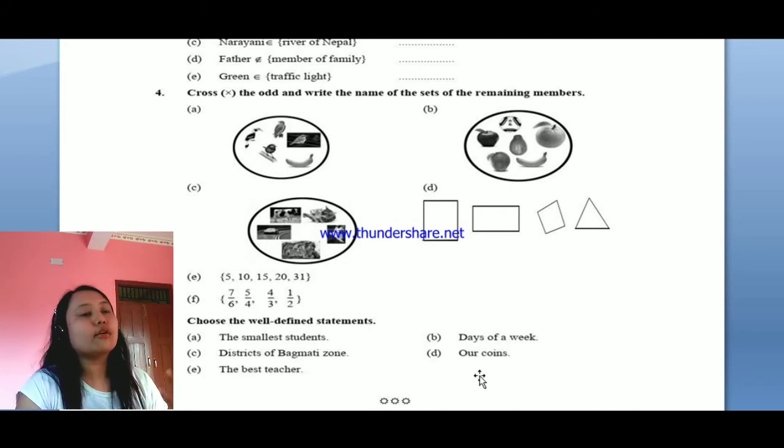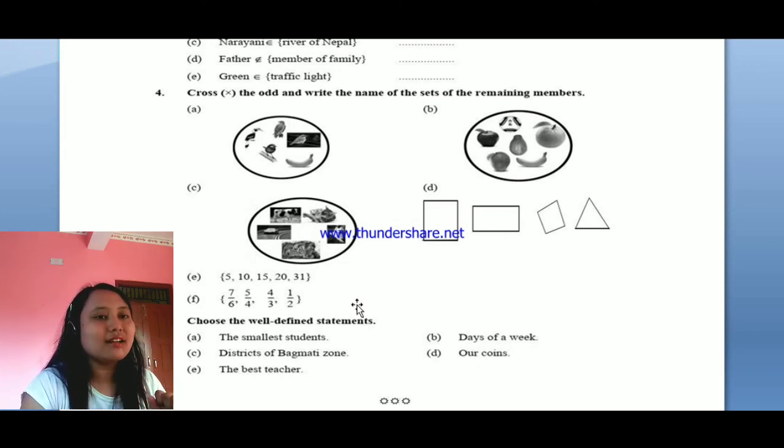And now there is "our coins". What sort of coins does that mean? Either a coin of rupees 1, or a coin of rupees 5 or rupees 2. What the question means is not clearly defined. Another one, the best teacher.